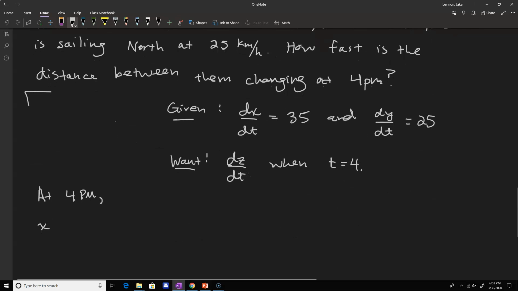So basically, ship B is starting off here and ship A is starting off here. And so ship A is actually traveling toward this initial point this way, and ship B is traveling north. So our triangle does look like this. This is X, this is Y, and this is Z. So the triangle looks the same, the orientation is just a bit different. Sorry, that Z is a little sloppy for my taste.